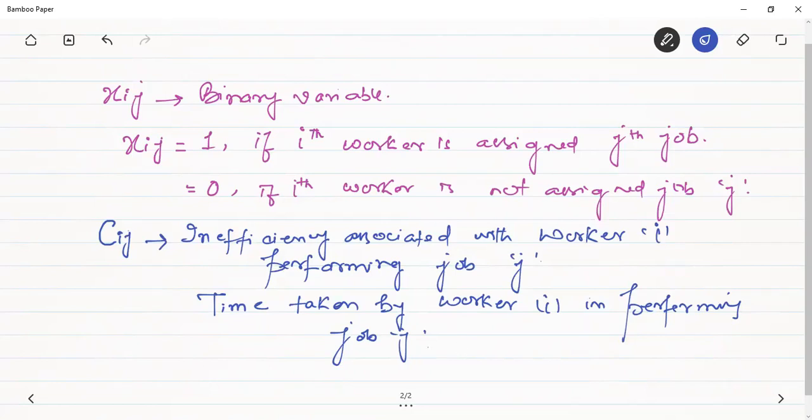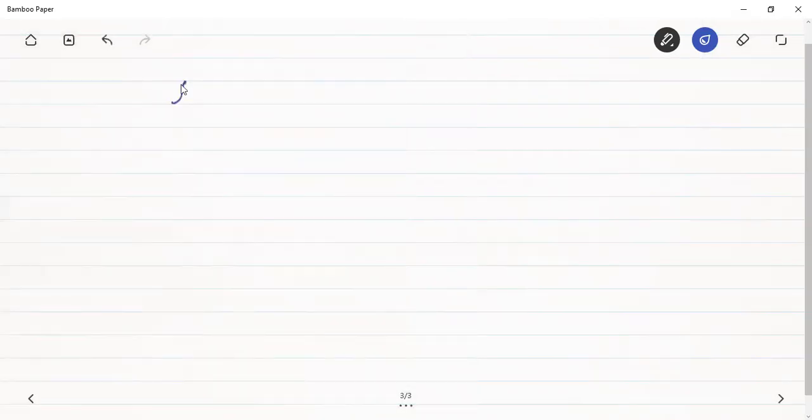Therefore, our actual assignment problem will become: minimize z equal to summation of i, summation of j, Cij Xij.